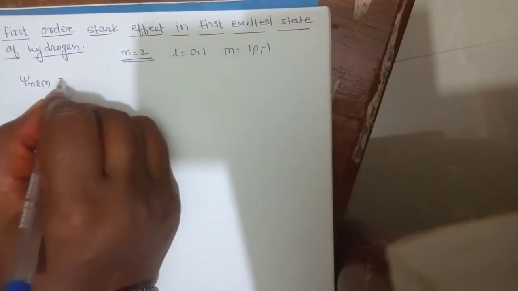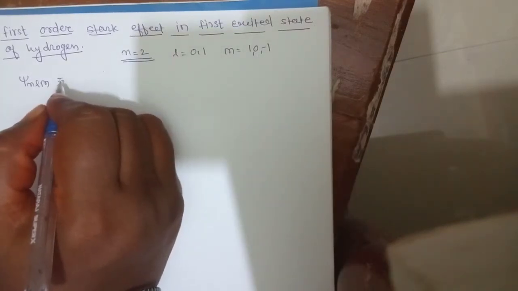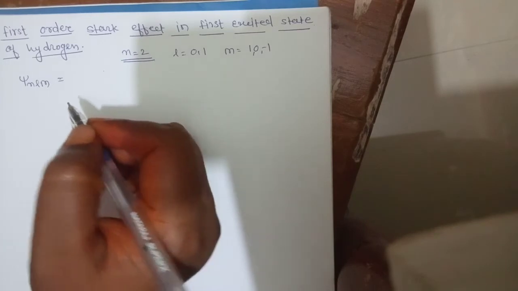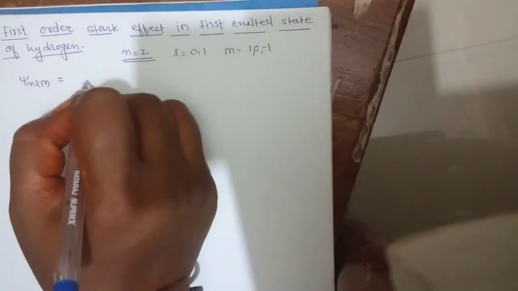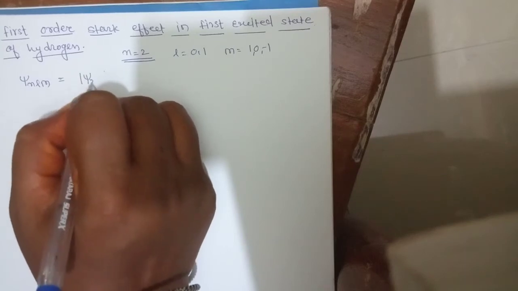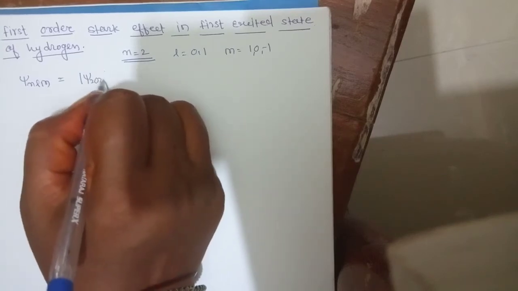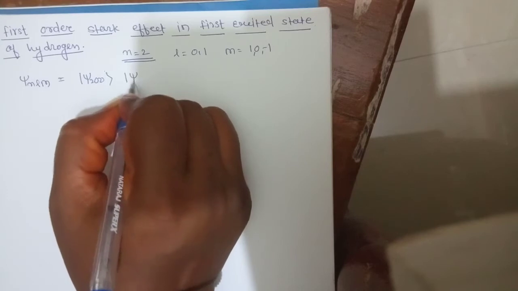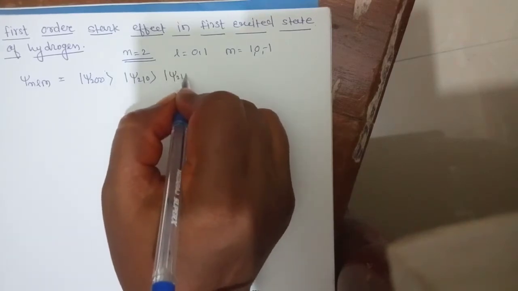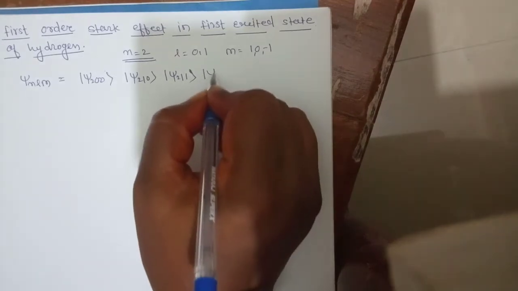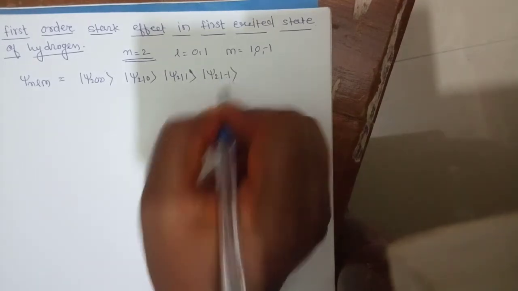So the first excited state of the hydrogen atom is fourfold degenerate, meaning it has four wave functions: psi 2 0 0, psi 2 1 0, psi 2 1 1, psi 2 1 minus 1.